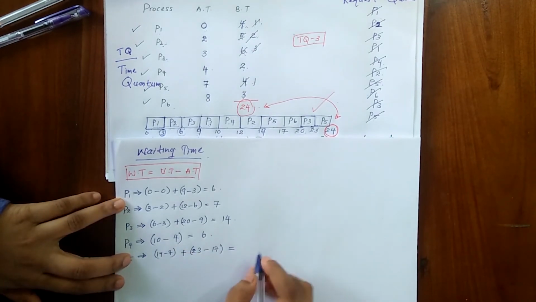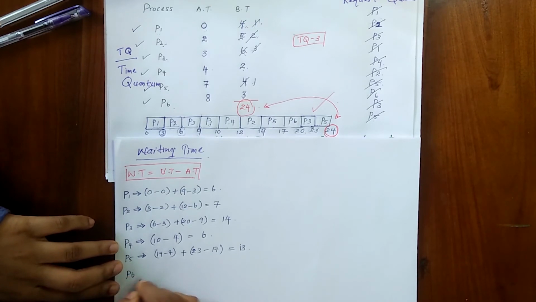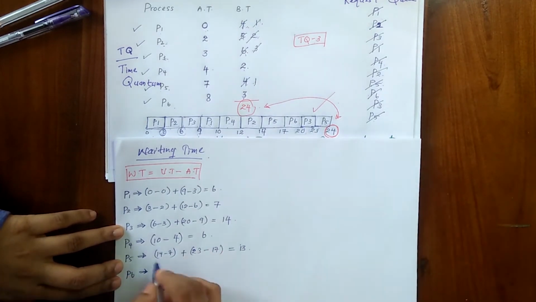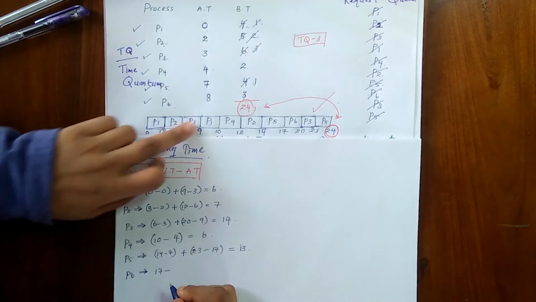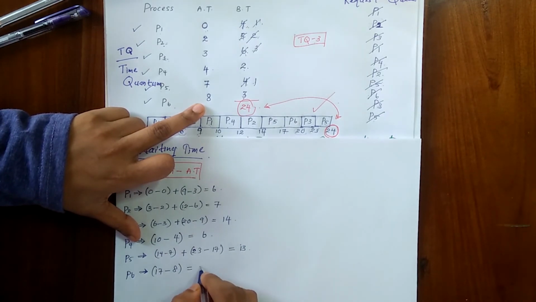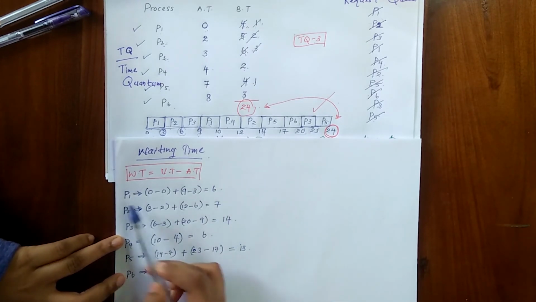So the answer becomes 13. And finally the P6, only one P6 here. So the answer is 17 minus the arrival time 8. So here it is 9. Right. So we got the waiting times of each and every process.